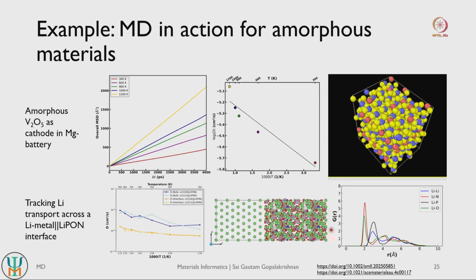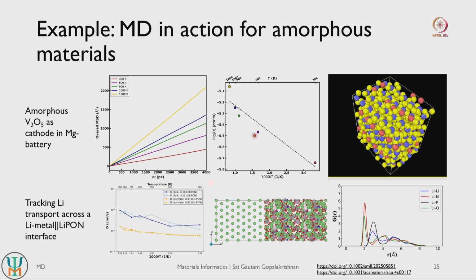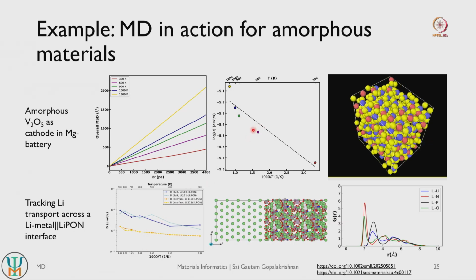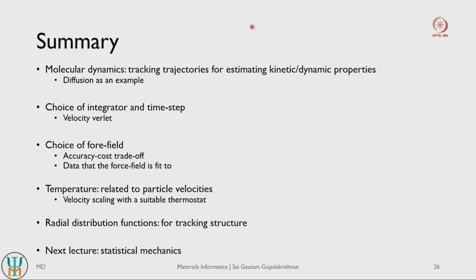So these are the signatures that you are on the lookout for when you do dynamics, to see whether you have a truly amorphous structure, and then you track the displacements of individual atoms to determine their diffusivities here, and diffusivities here and here, right. So these are some example studies that you can come across, especially on trying to understand diffusivities in different systems, right. Okay. So with that we will summarize and stop our discussions on molecular dynamics.